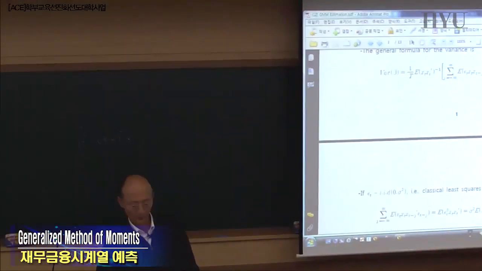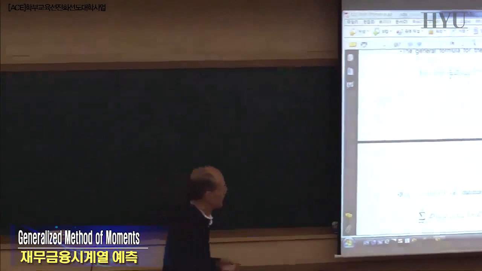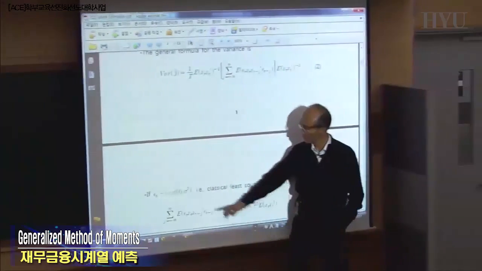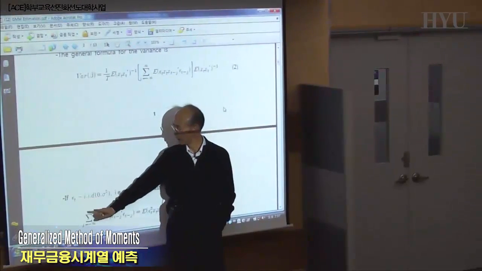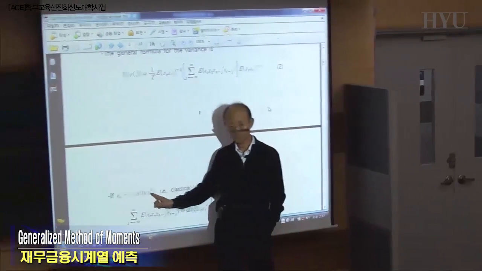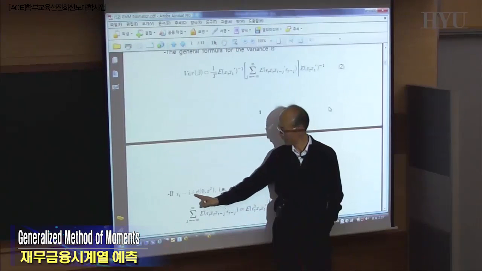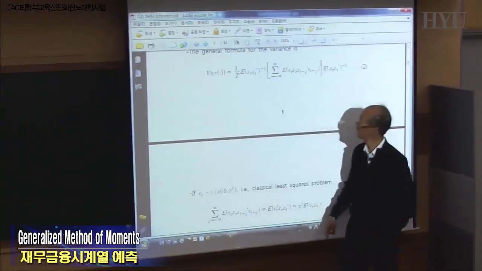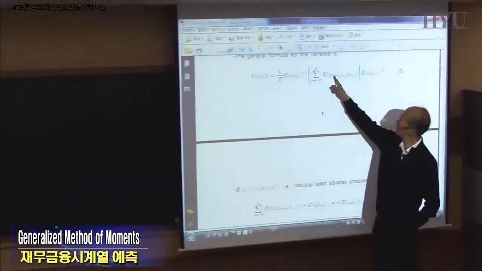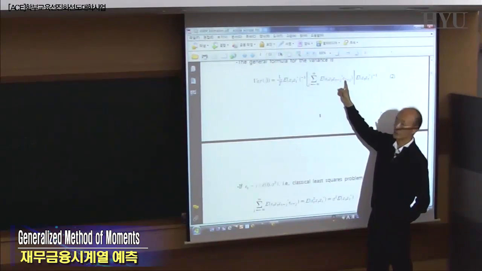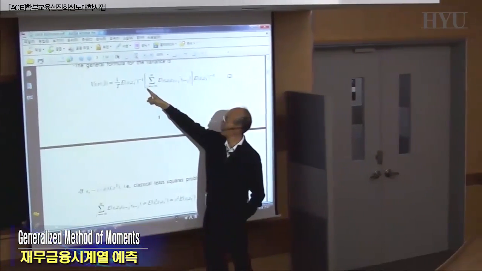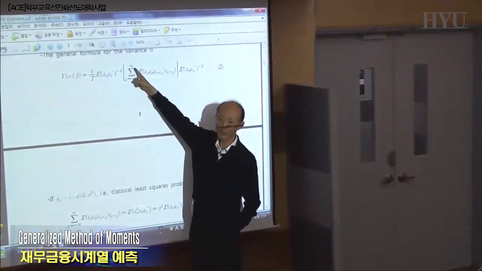But you don't have to worry if the residuals are independently and identically distributed with constant mean and variance. Then you don't have to worry about these correlations. So this j counter runs simply from 0 to 0.